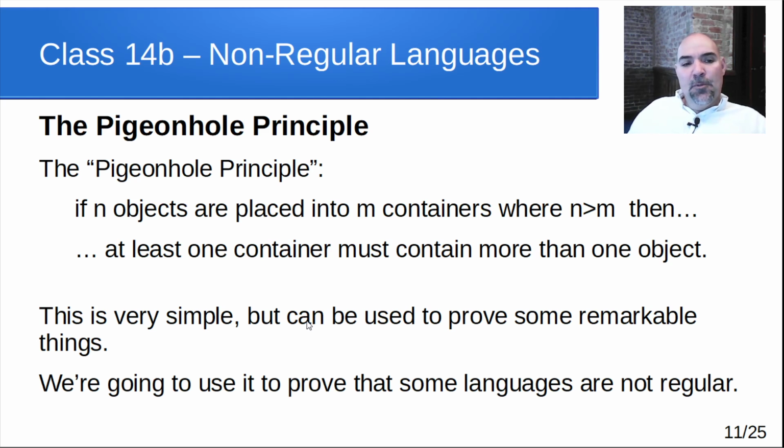And that is, the pigeonhole principle states that if you have n objects and you place those n objects into m containers, so every object has to go into some container, and the number of objects is larger than the number of containers, then we can deduce that at least one container has to contain more than one object.